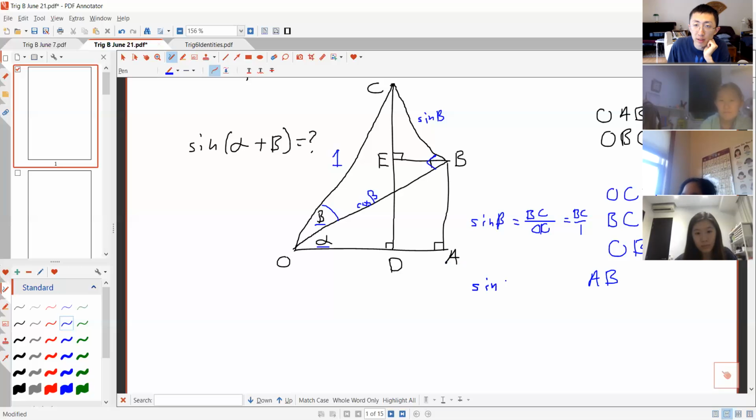So we can see sine alpha relates AB to OB. And OB is just cos beta. So this is OB times sine alpha. And then OB was this cos beta. So cos beta sine alpha.